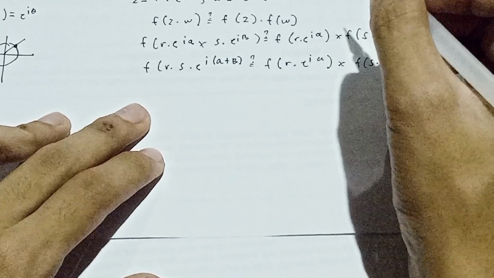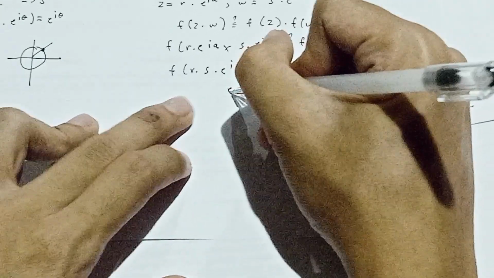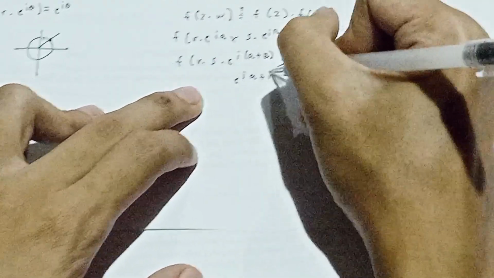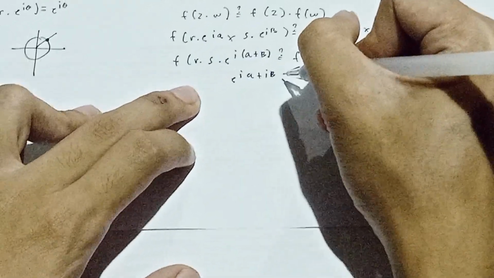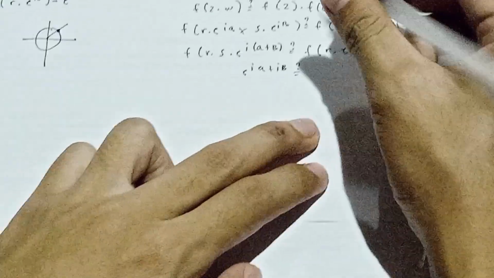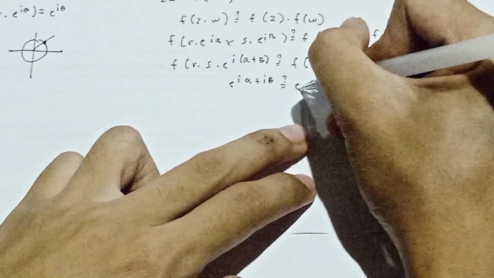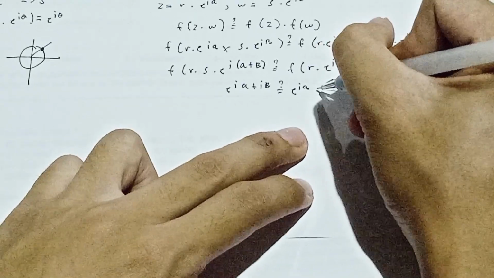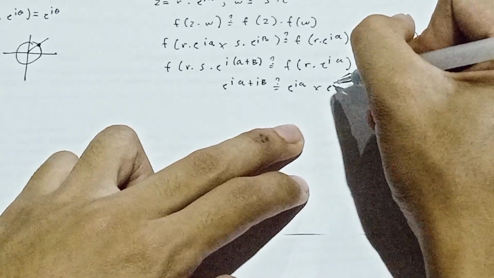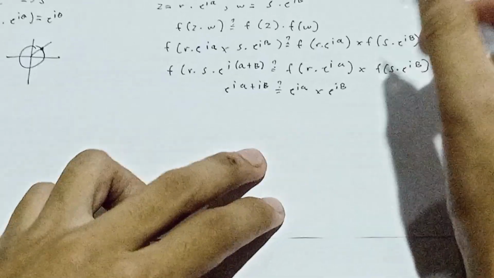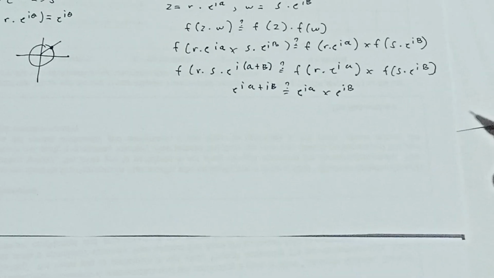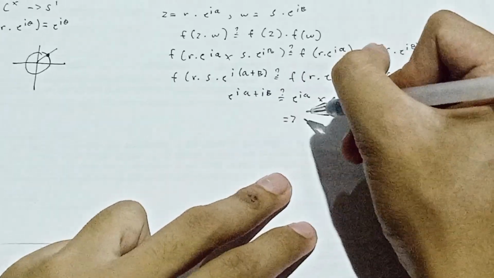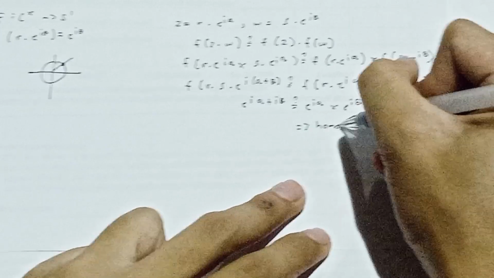So this becomes e to the power of i alpha plus i beta equals e to the power of i alpha times e to the power of i beta. In this solution, we can say that this is a homomorphism.